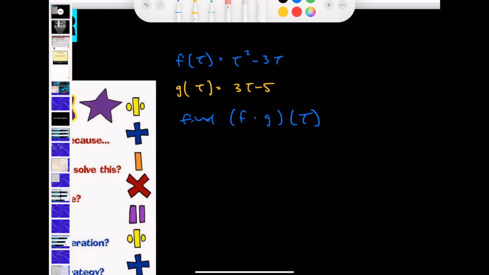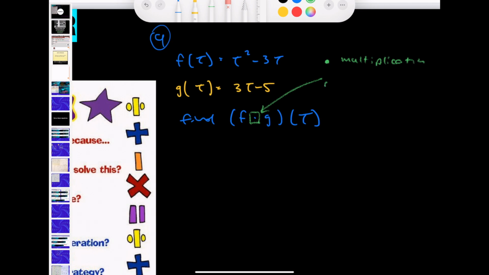Hey guys, let's go over question number 9. F of t, g of t, okay. So I realize that people are getting lost on this symbol right here. If it's a dot, that's multiplication.